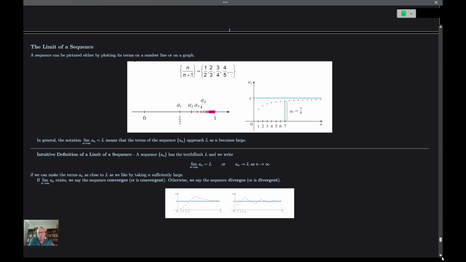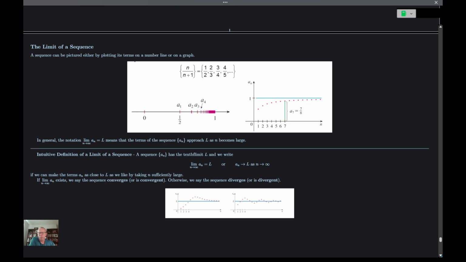Once n gets really large, what value are we approaching? Remember, the limit in Calculus 1 is what the function is doing as you approach a particular value. In this case, what are the terms of the sequence doing as n gets larger and larger? What number is that approaching?